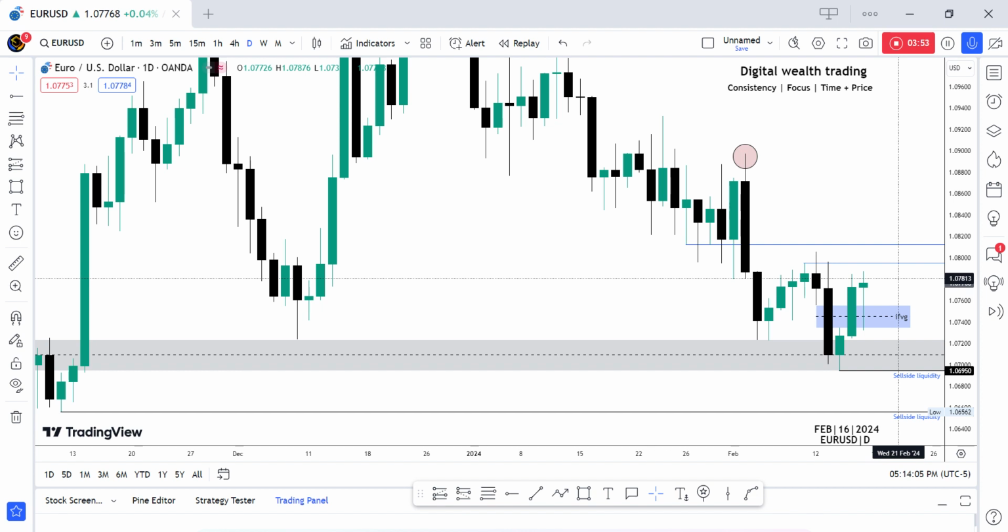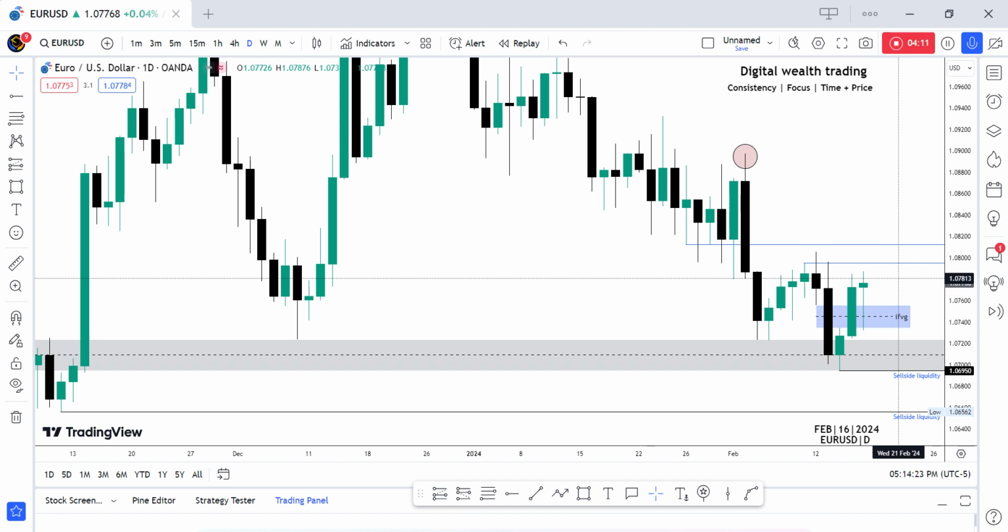So the euro price delivered indecisively on the daily candle, having a short up close candle indicating a price higher in the euro.